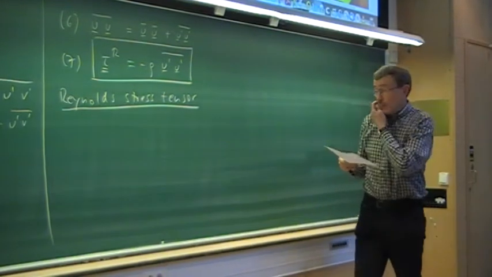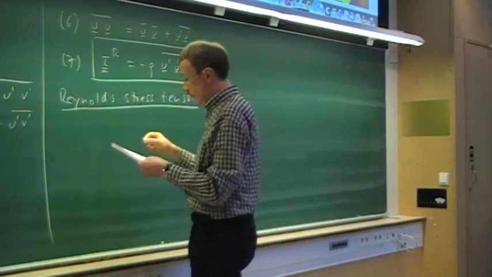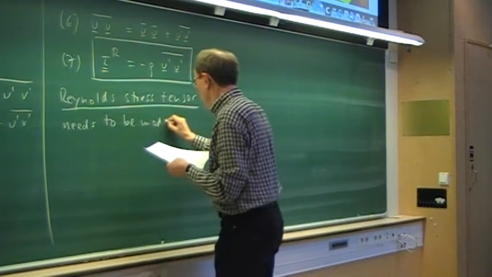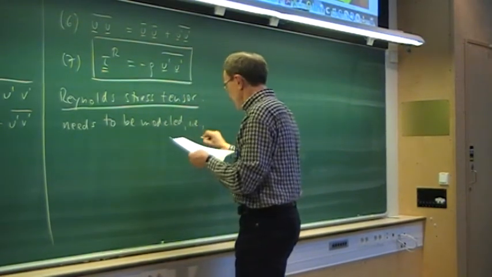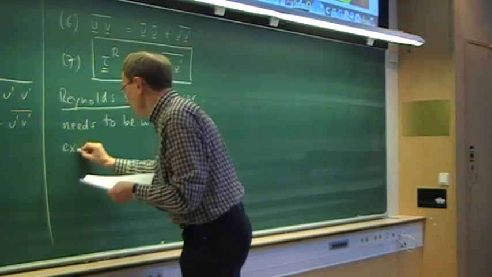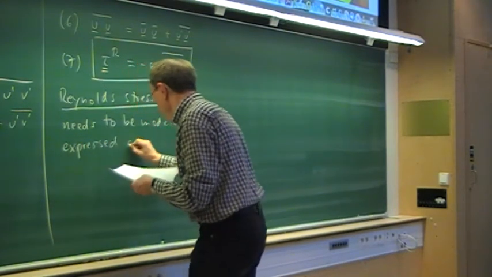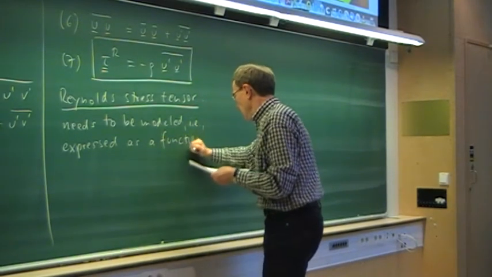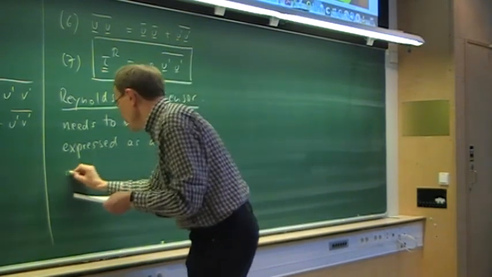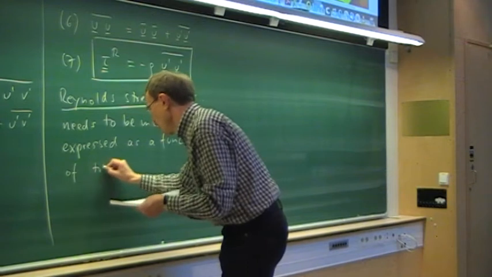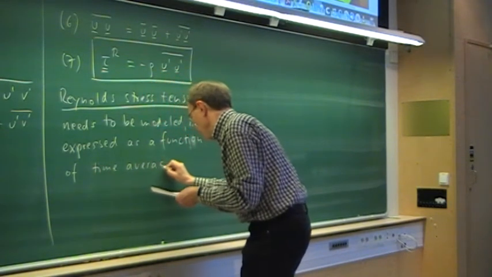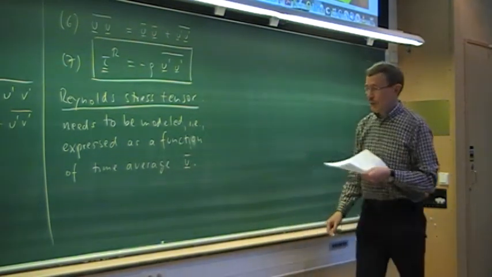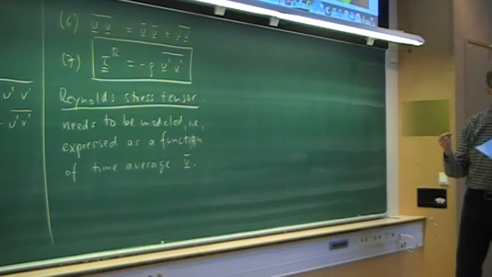That needs to be modeled. And that means that it needs to be expressed as a function of time averages, time average U. Because the time average will be the quantity that we work with.